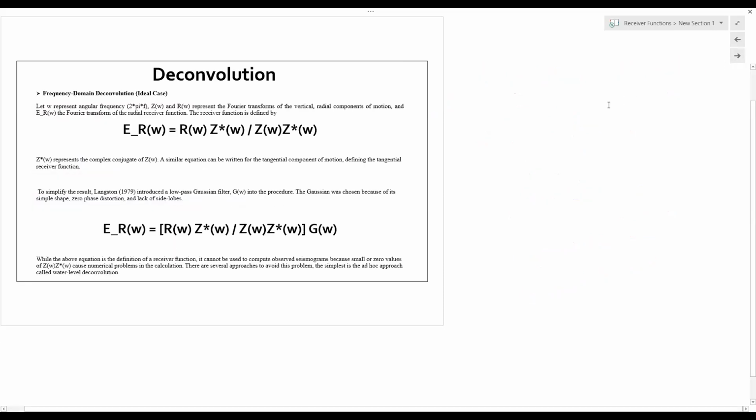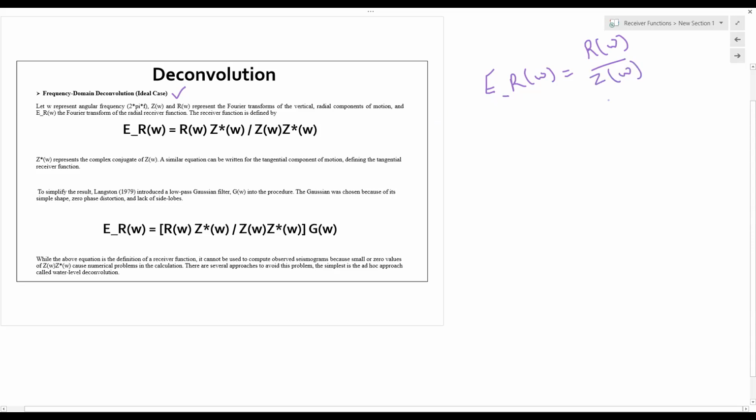Okay, so deconvolution can be done in the frequency domain and also in the time domain. So the ideal case is that, in order to find out the impulse response of the earth structure, you will have to deconvolve the vertical component from the radial component in the frequency domain.